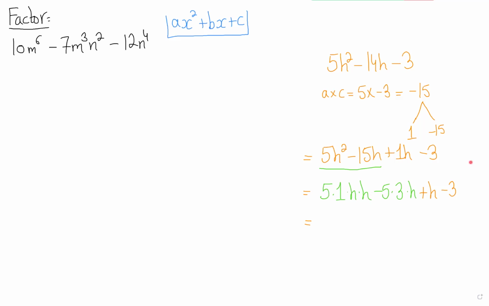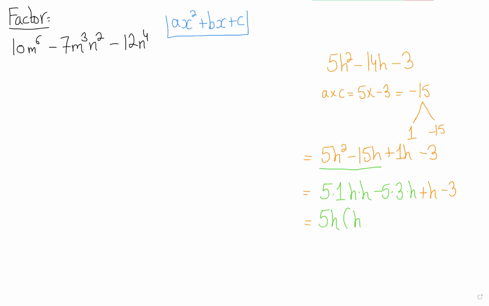Let me write that 5h outside the bracket. And inside my bracket, I'm going to write h, because that's what's missing here. Notice that 5h is outside the bracket, so what's missing here is just 1h. So I write that inside my bracket. 1h is just h.